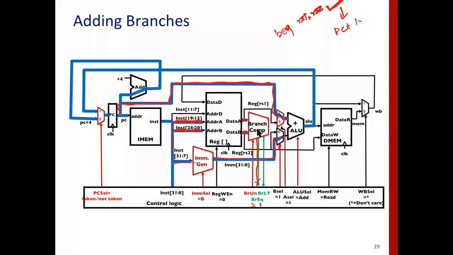Give proper control signal to the multiplexer before the ALU, the lower end of the ALU, and the output comes here. Does this give PC plus offset? PC is coming here, this is the offset, so PC plus offset is here.